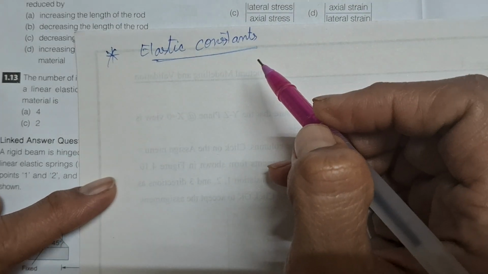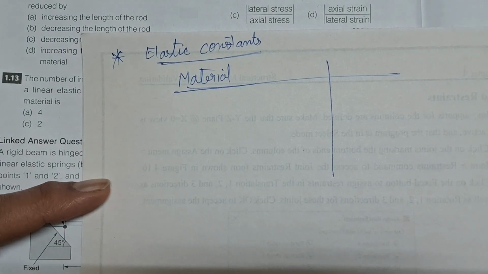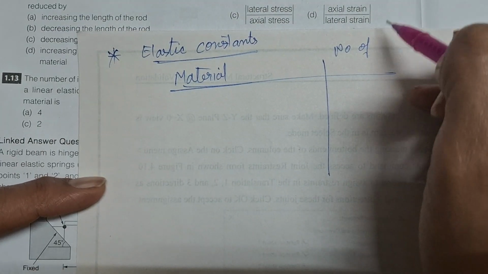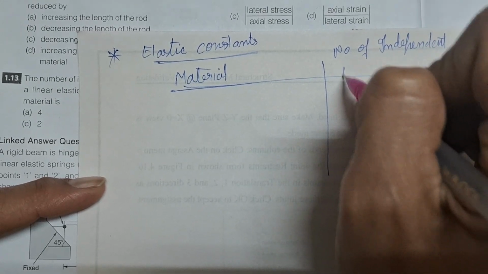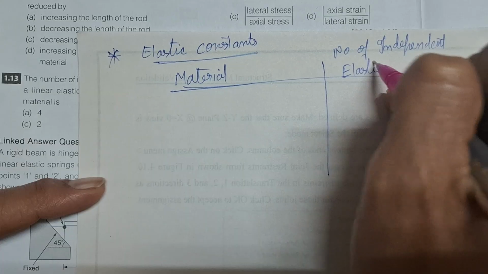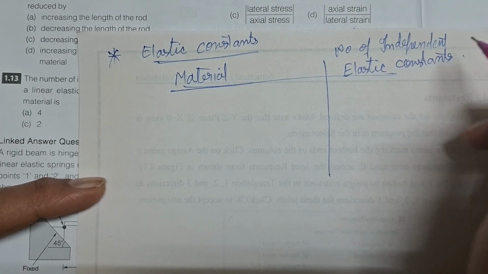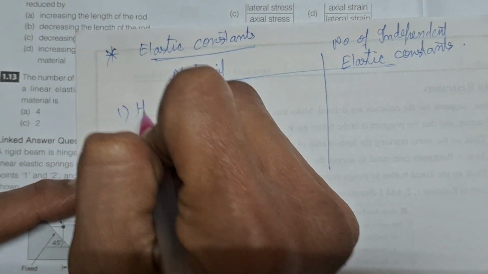Okay, so first, elastic constants. Now here I request all of you to first of all memorize one small table. Material and number of independent elastic constants. Suppose the material is homogeneous and isotropic.